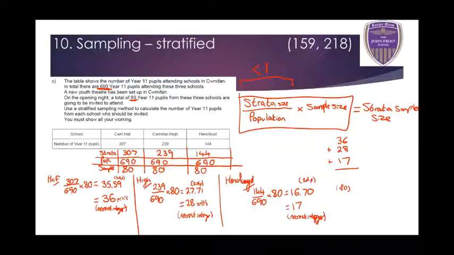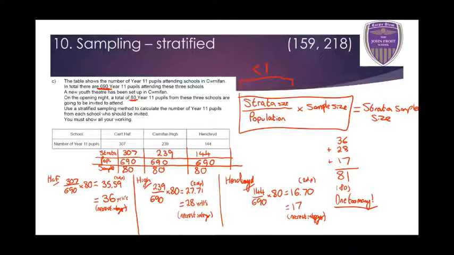So something is going to be slightly askew. So we've got 81. Okay, so this is one too many. So we need to take away one from one of these because we have one too many.